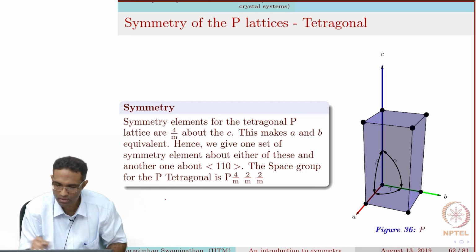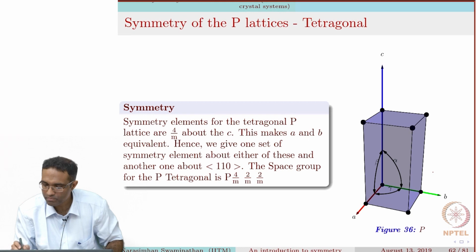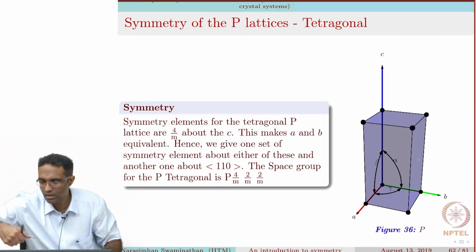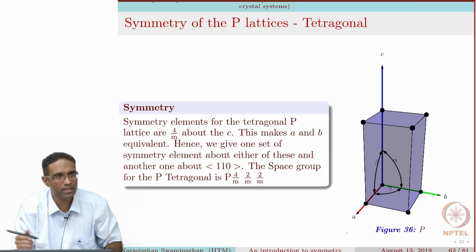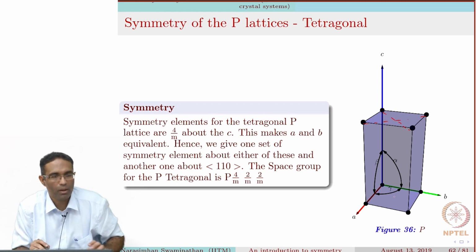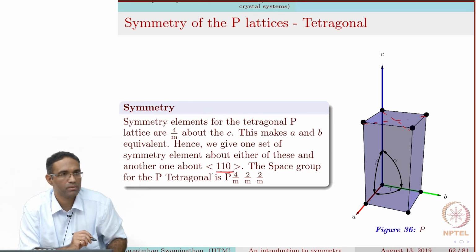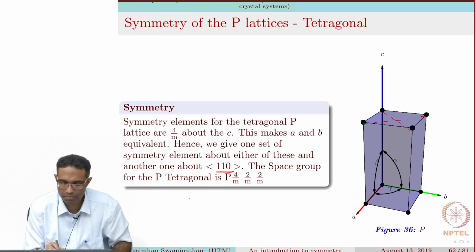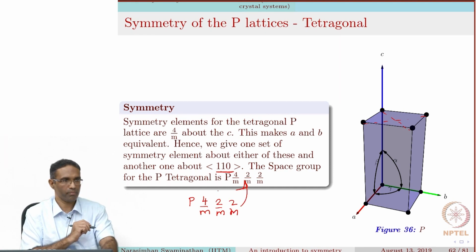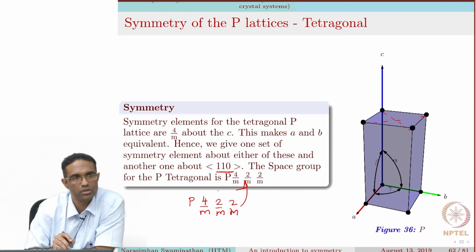So there is a 4-fold rotation about the C axis, and then the next one is basically the 2 over m, which is about the B axis, or equivalently the A axis, and then you also have these mirrors and a 2-fold rotation about them, about the 110 direction, right? So the space group for the tetragonal lattice is 4 over m, 2 over m, 2 over m, as written down over here.